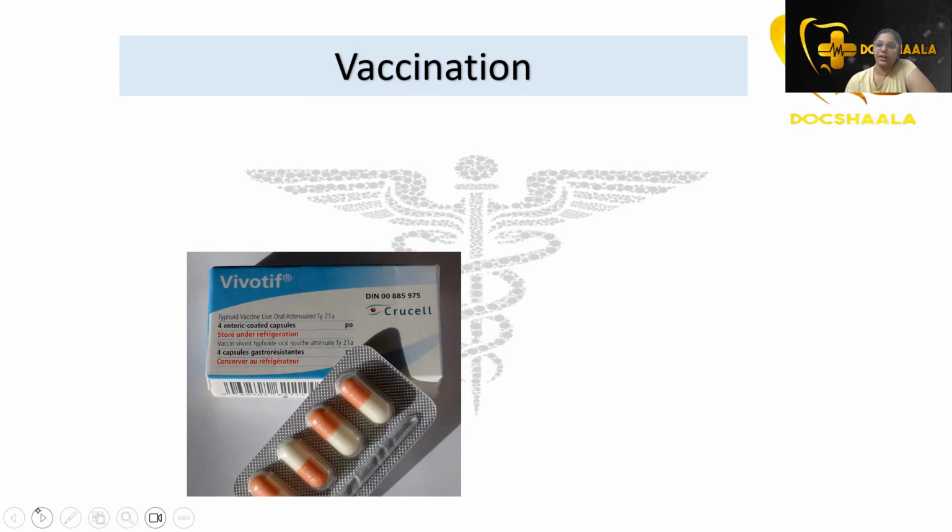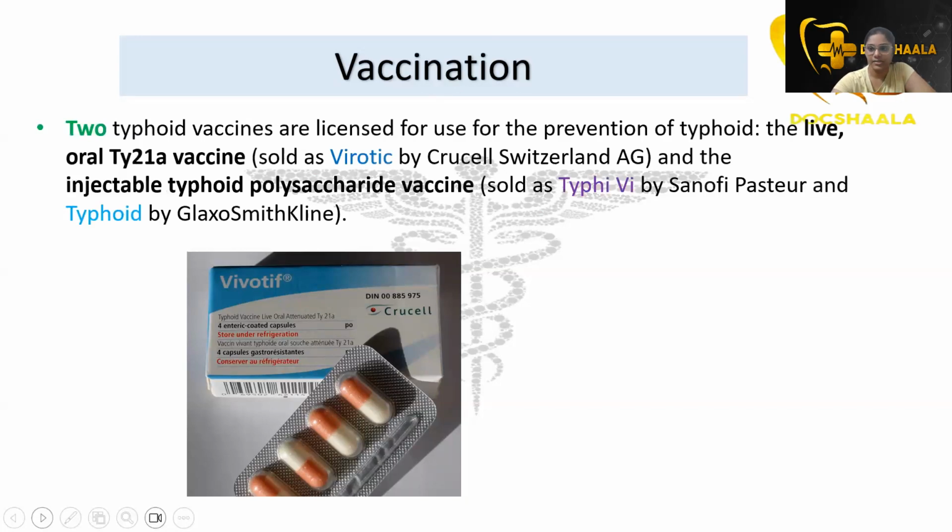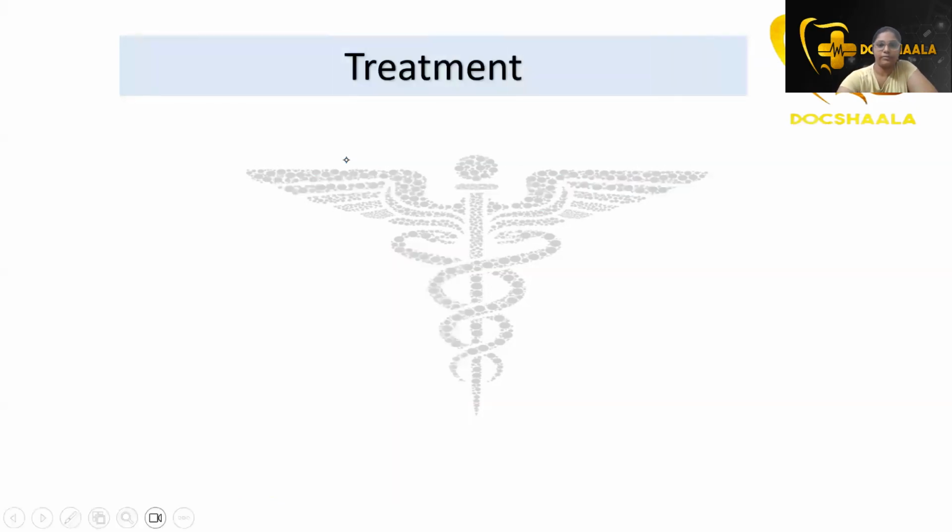So when people are traveling to these areas, the WHO has advised them to undergo these vaccinations to protect themselves from typhoid. So two typhoid vaccines are there. One is a live oral vaccine, that is the Ty21a vaccine. It is sold as Vivotif.